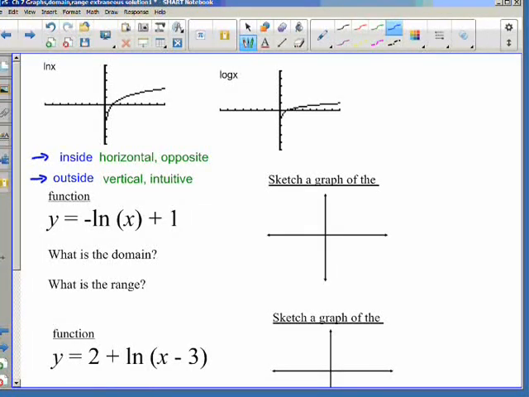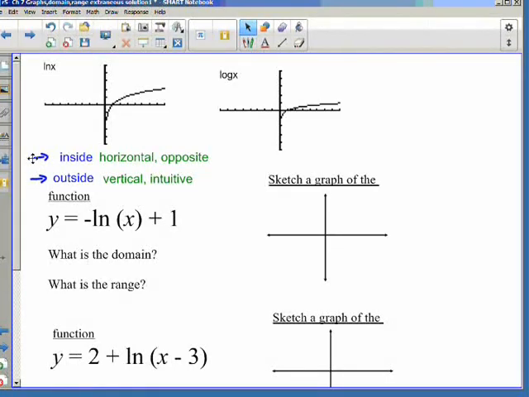For instance, this plus 1 happens outside, it's vertical, and it'll make it move up as I would think. This minus 3 down here is horizontal, and I would think it's to the left on an x-axis, but it's actually going to move it opposite to the right. And likewise, my order of operations when I do my transformations would be opposite. But we'll get going on this one here.